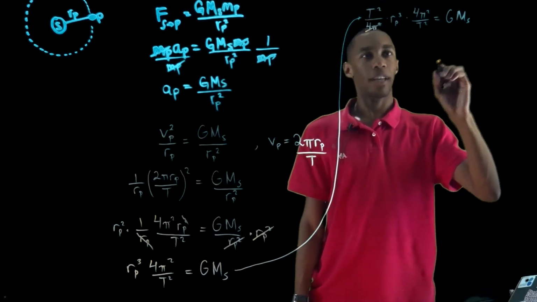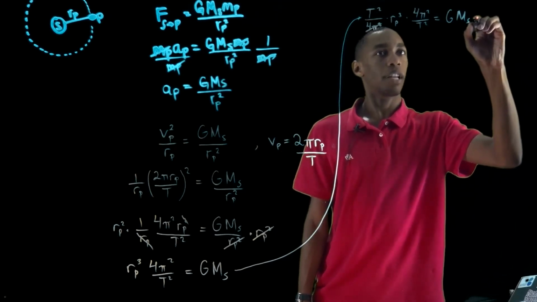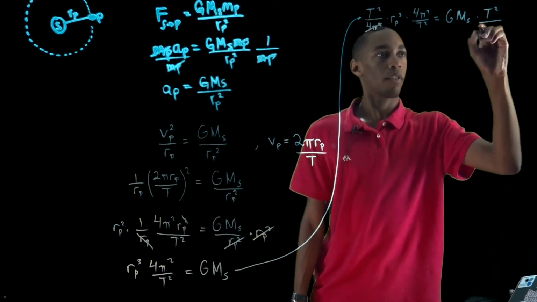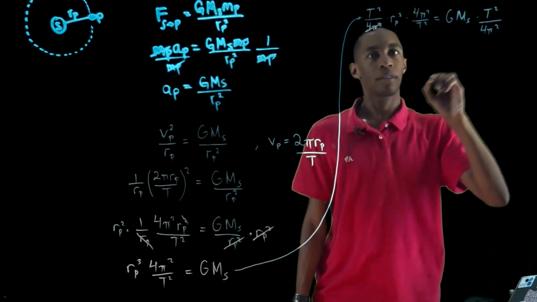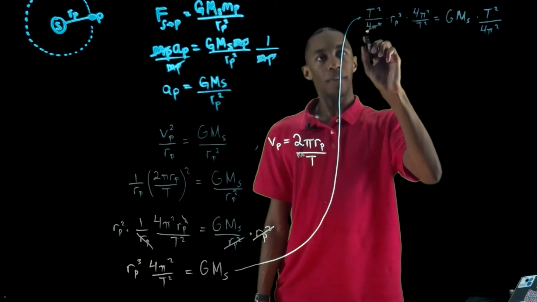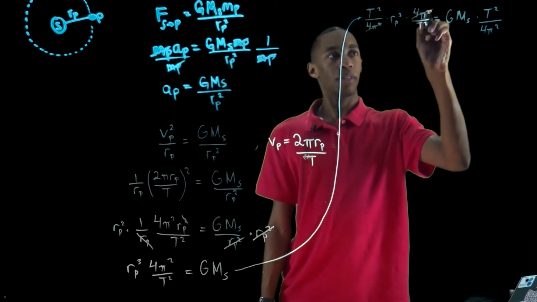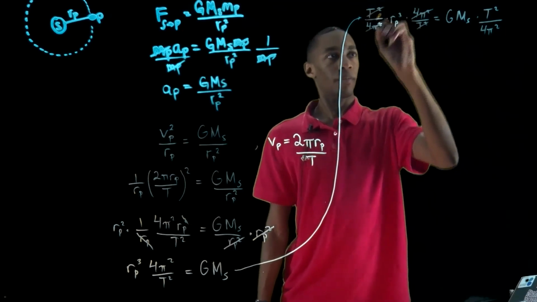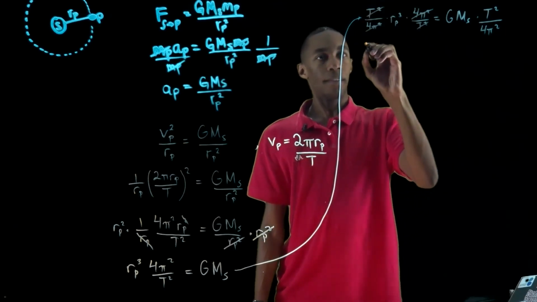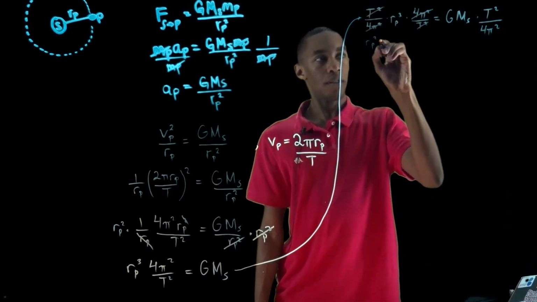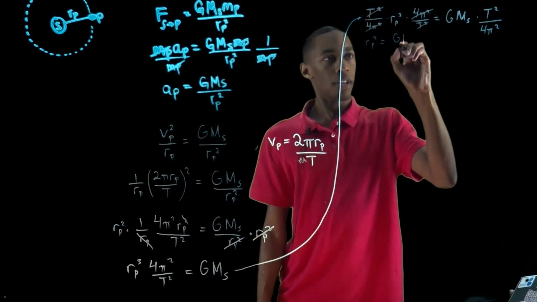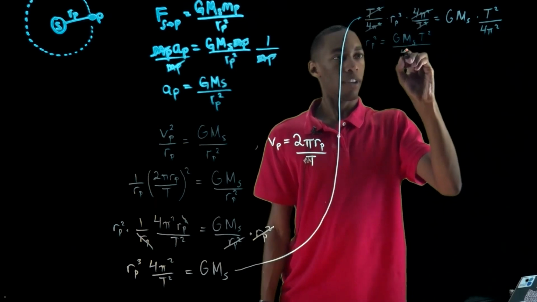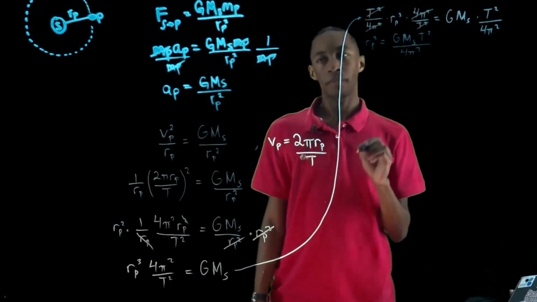So before I cancel, I need to make sure that I put times T squared over 4 pi squared on this side too. So this 4 pi squared cancels with this one, and this T squared cancels with that one. And now we have Rp cubed equals G M S T squared divided by 4 pi squared.